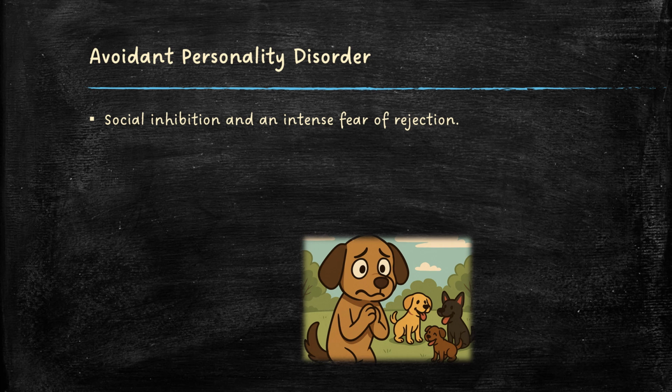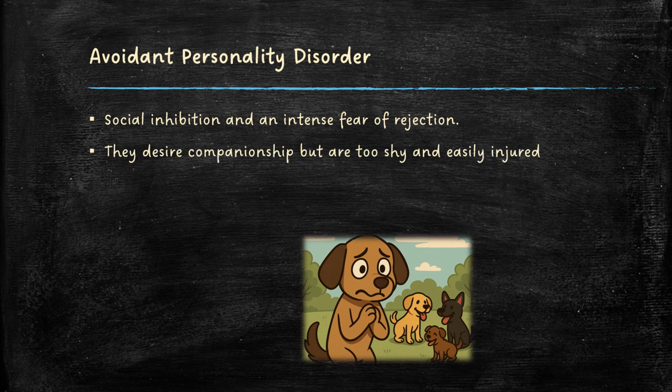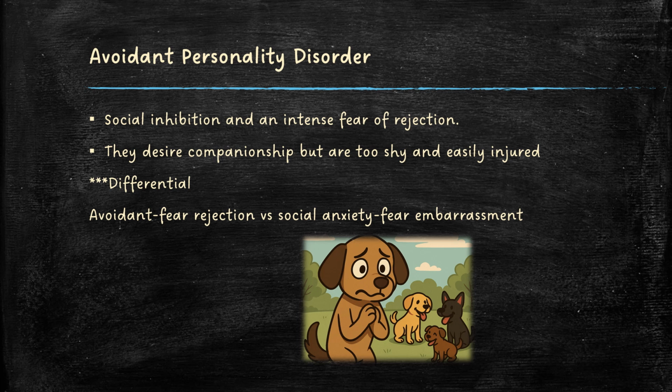They desire companionship, but they are too shy and easily injured to actually pursue these relationships that they want. It's important to be able to distinguish between avoidant personality disorder and social anxiety disorder because they can present very similar. But avoidant personality disorder has this fear of rejection and feeling of inadequacy, whereas social anxiety has a fear of embarrassment. So look for those wordings in the test question.